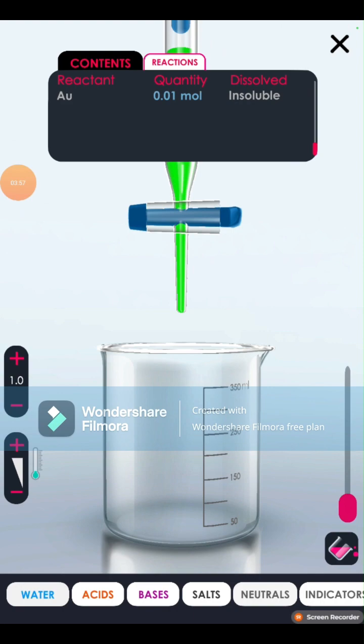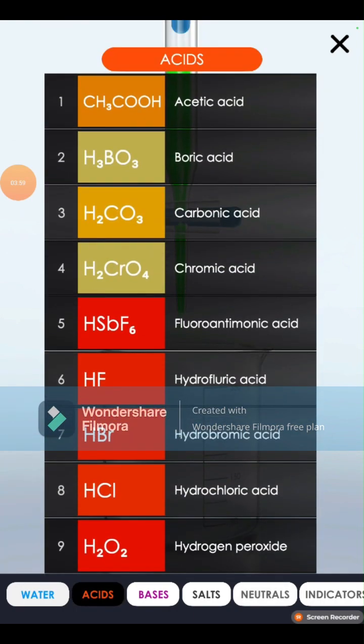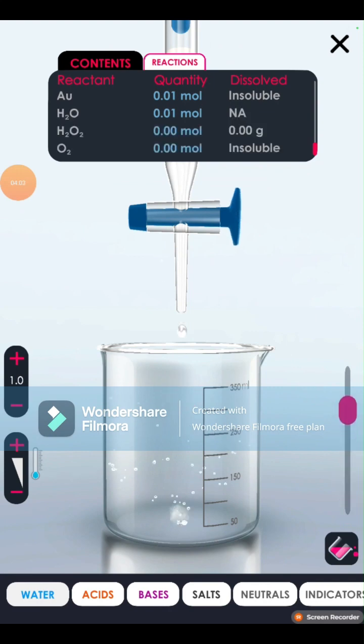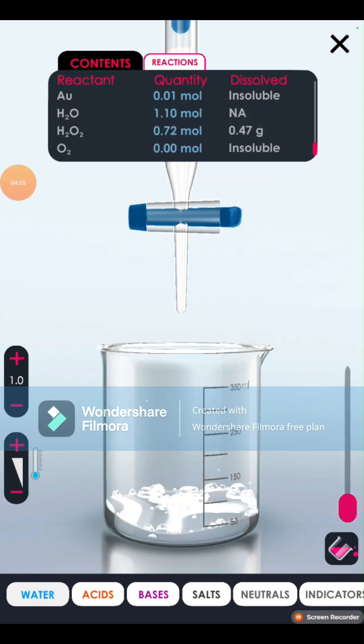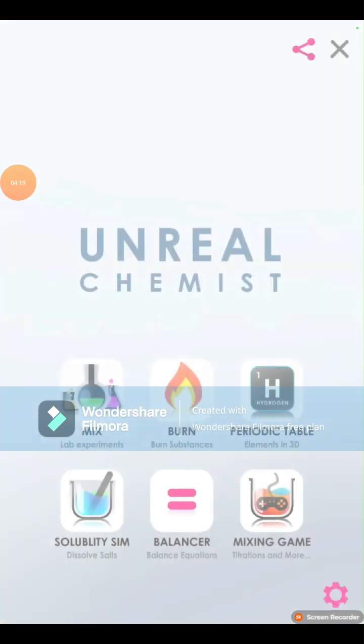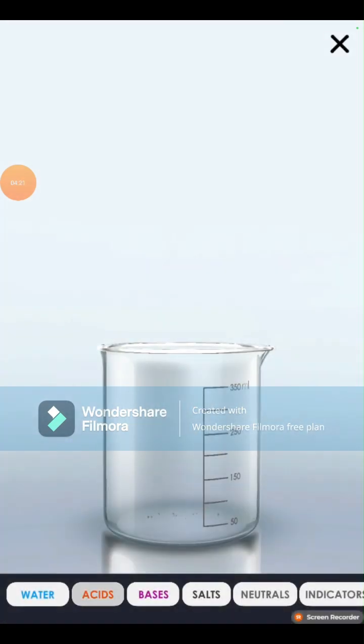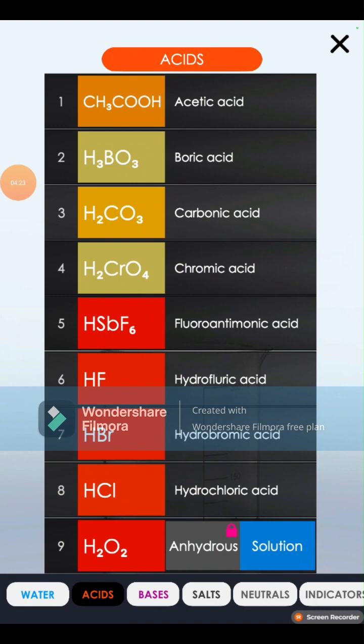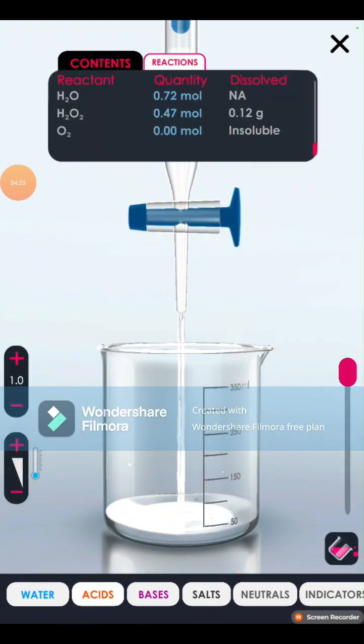To make a piranha solution, you need two acids, the first being hydrogen peroxide, which is H2O2, in which there are two atoms of hydrogen and two atoms of oxygen, which combine to make one molecule. Let's restart, the beaker should be clear. So hydrogen peroxide over here.